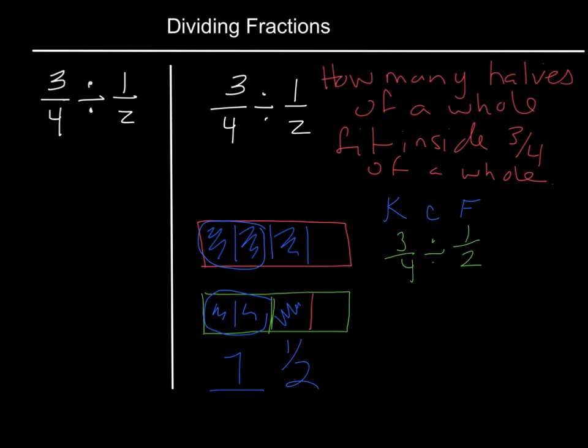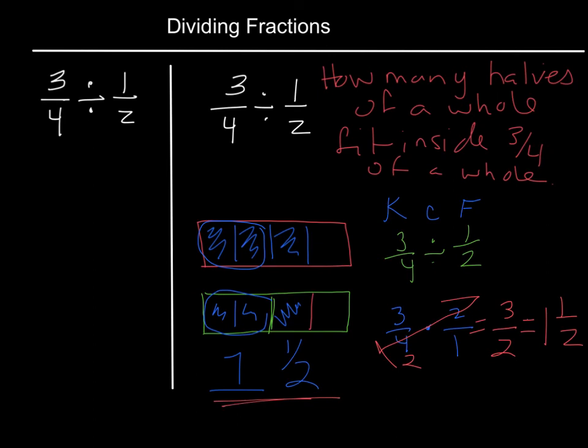So I have 3/4 times 2/1. And then I find my ones, and I see I have some ones right there. So that becomes a 2. So this is 3 over 2, which is equal to 1.5, just like we got right over here.